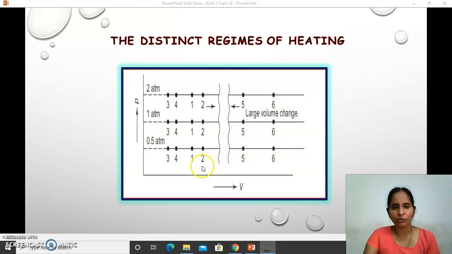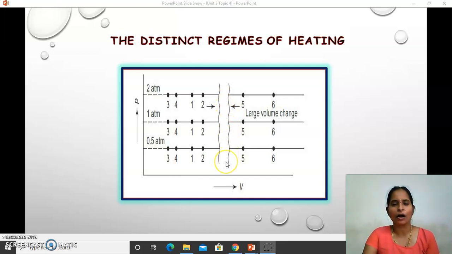Okay, so now here this is 0 degrees Celsius, and next the same processes are repeated at 1 atmosphere and at 2 atmospheres. Here you can see I have shown a large volume change between 4 and 5. What is the reason?